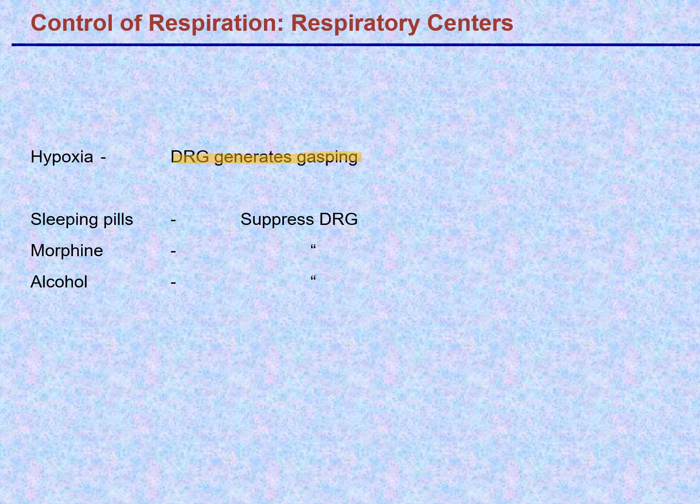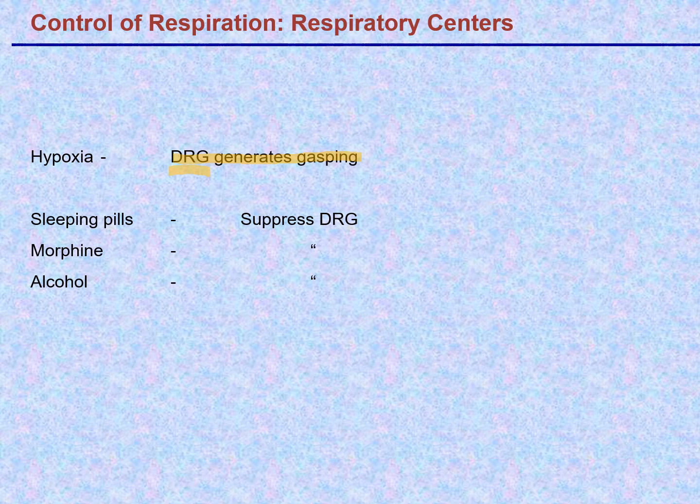And sometimes people who have sleep apnea stop breathing during their sleep. It's quite common, actually. After stopping breathing for a few seconds, not long, they will gasp and then go back to normal breathing. And that's because of a signal sent out by the dorsal respiratory group in the medulla, triggering inspiration.